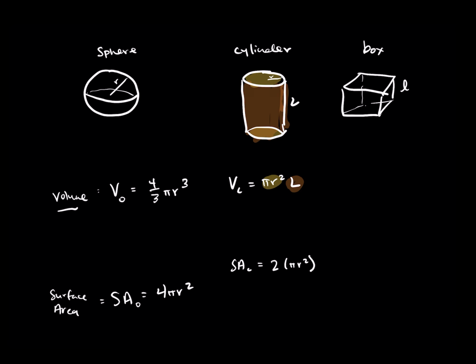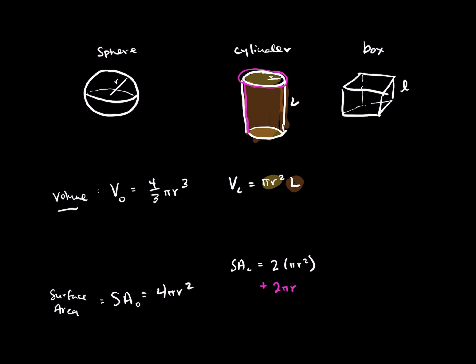And the way that you calculate that is you want to say, okay, well, we have base times height, okay? So that's going to give us, we have the top and bottom here. So we just need to add on plus 2 pi r, that's the base, right?